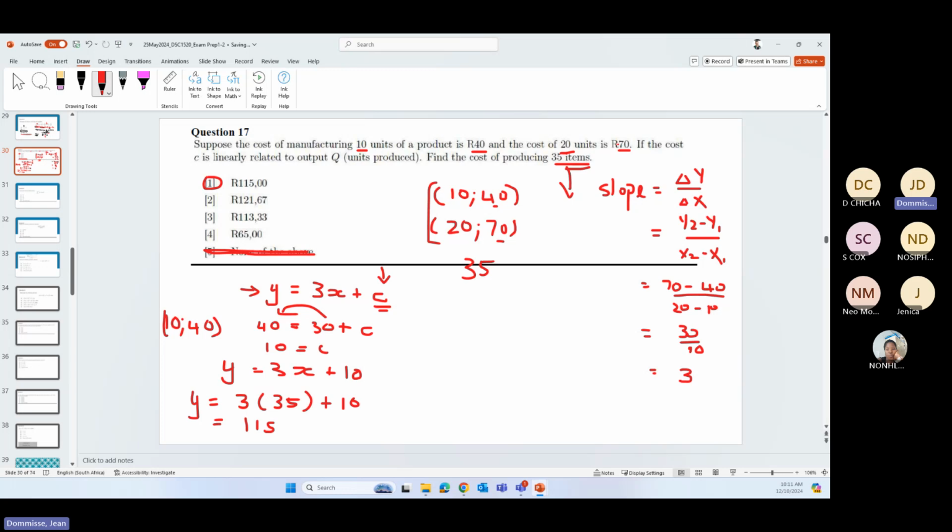Okay, so there now I have my 2 points. So there I can get a slope, and with that I can get a straight line where I can then put in the 35. So it is a bit of a different type of question than just saying you've got 2 points, work out what the cost is at 35 units.